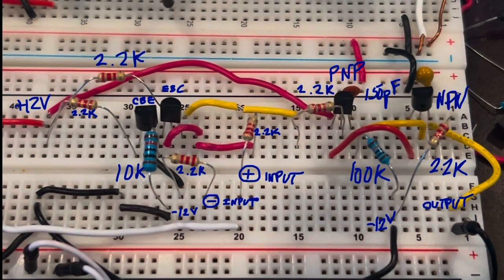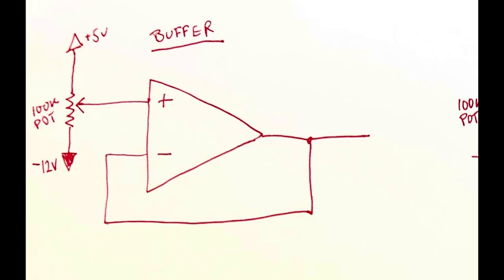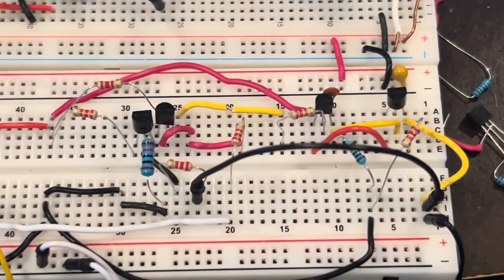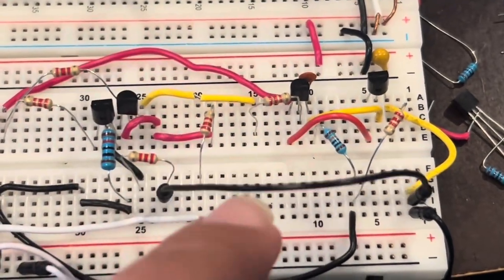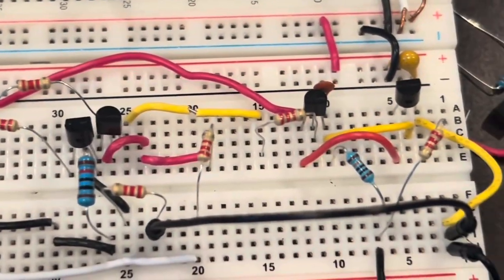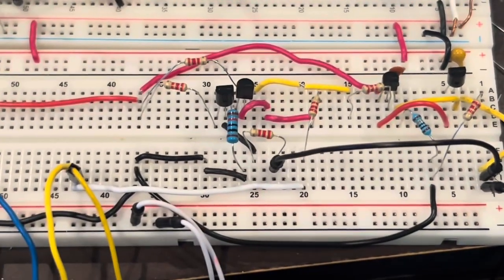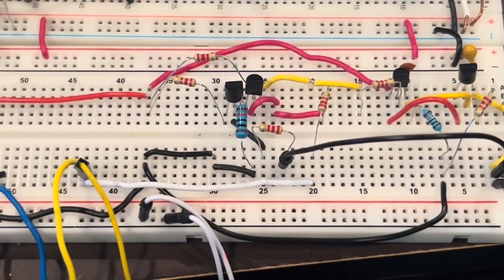So here's a picture with all the components labeled as I just described them. Let's test it out by first making a very basic op amp circuit, the buffer. Connected the output through this black wire to the inverting input, and this is basically the op amp based buffer.